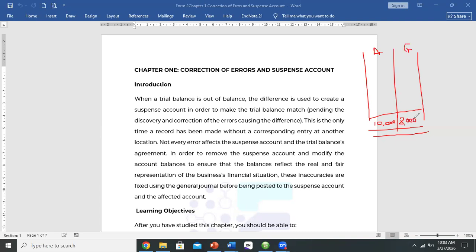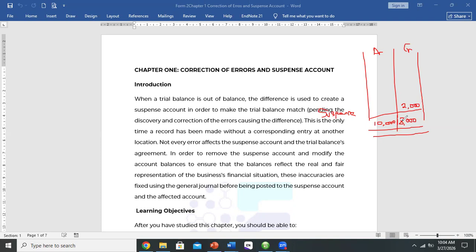So normally what the accountant will do is to create a suspense account. So here the difference is 2,000, right? And this 2,000 is short at the credit side. So normally the suspense account keeps the difference at where the difference is supposed to be, right? And now we can say that the total will be up to, say, 10,000, 10,000. So that's the rationale of the suspense account.